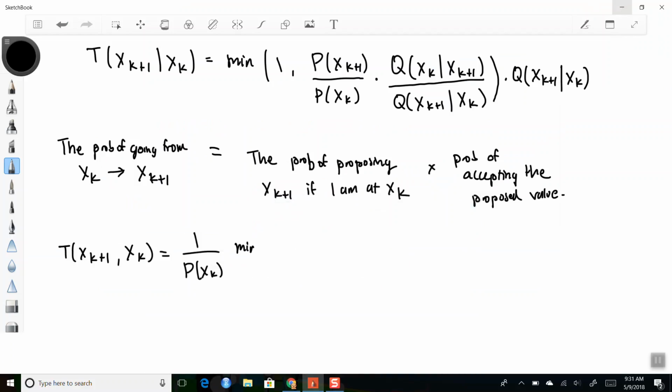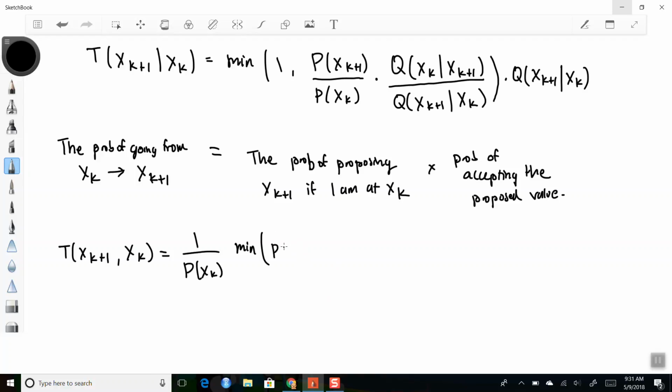Times the minimum value between, and if I distribute this multiplication here, okay? So this cancels out the bottom, and it's just the top part here, okay?